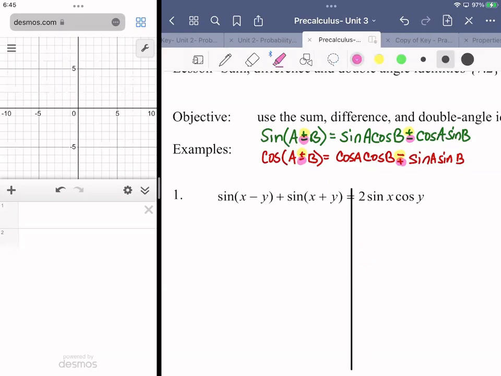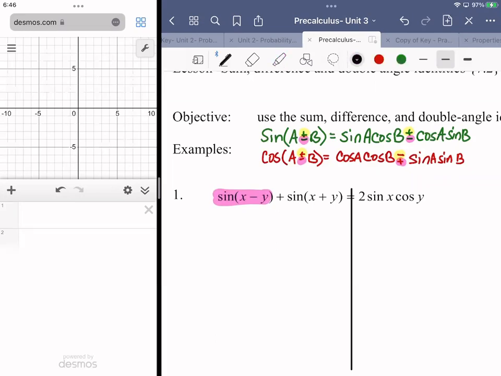Well, we have an a value and a b value. All right. This sine of x plus y, I'm sorry, x minus y, would follow the purple variant of the sine rule. All right.